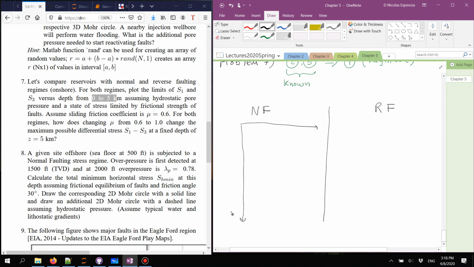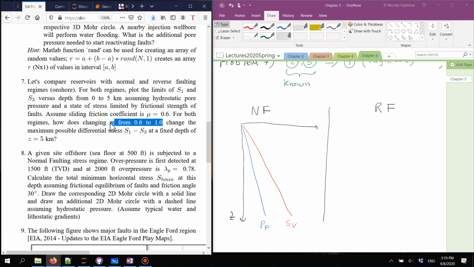If this is depth, and this one is the vertical stress, and this one is the pore pressure, the minimum possible horizontal stress is going to depend on the friction angle.